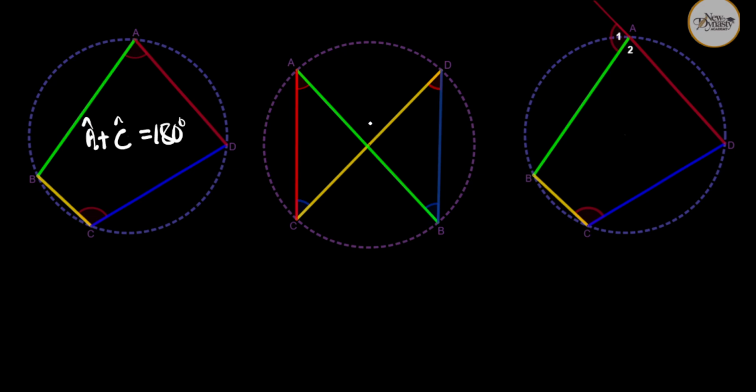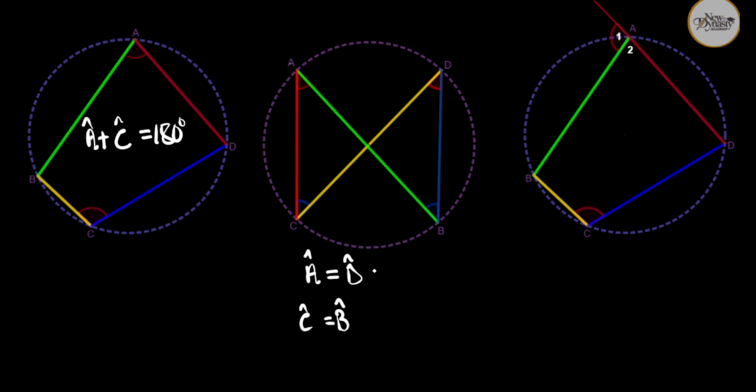Or on the second diagram here, if you are given the angles in the same segments and they are equal, in this case, what do we have here? Angle A equals angle D, because of them having the same arc, the red one. So angle A equals angle D, and angle C equals angle B here.